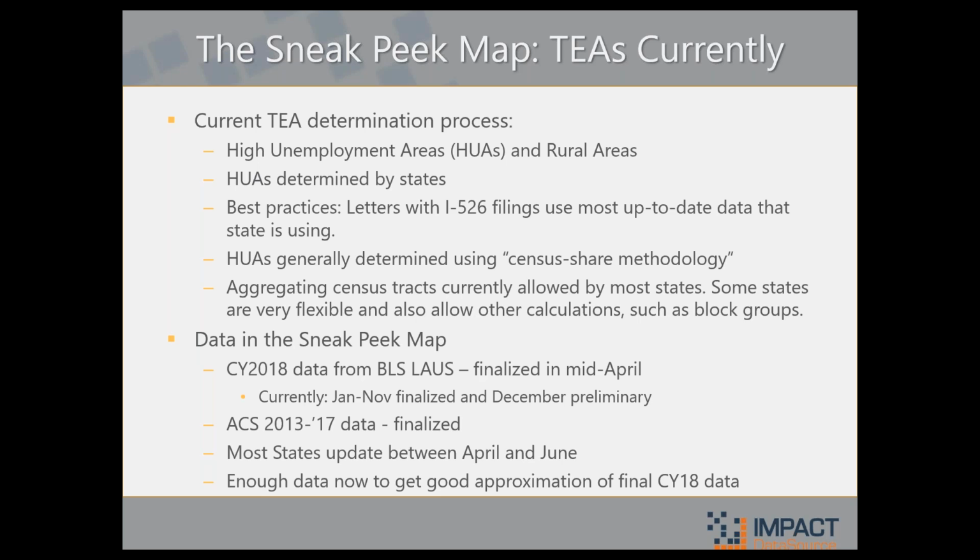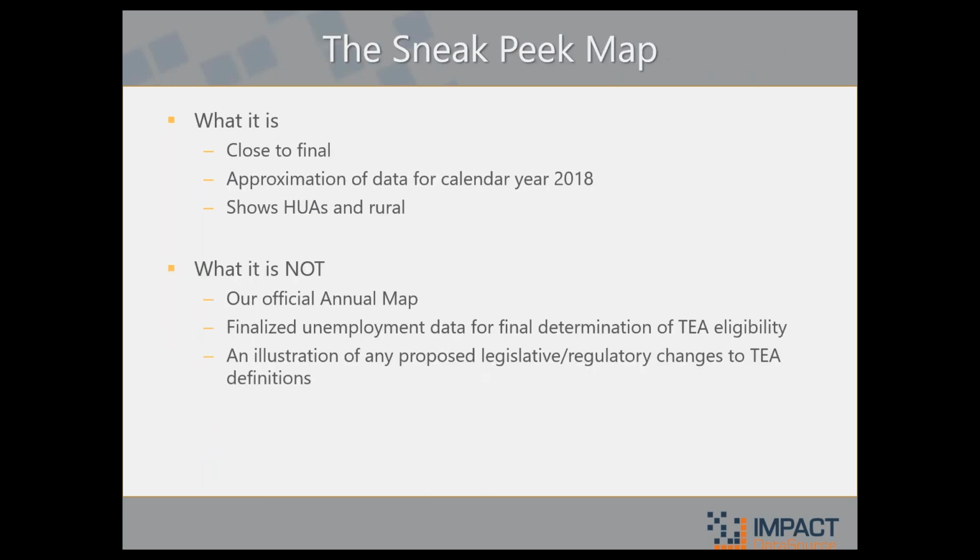But it's the BLS local area unemployment statistics data that's not quite finalized. We use 12 months of that data, and January through November of 2018 is finalized, but December is still preliminary. It's the only month that is preliminary. So we've got 11 completed months and 1 month preliminary, so we really have enough data to get a good approximation of how things are going to look in a few months when states post new data.